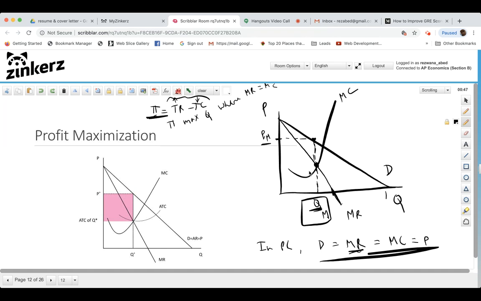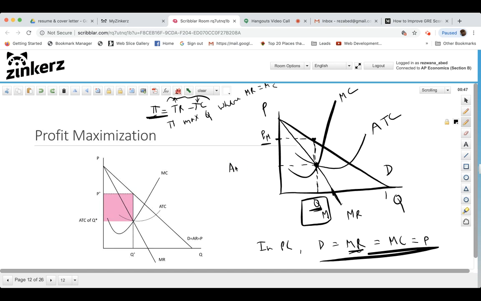And then we can also bring in the average total cost curve to show the profit. Okay, so the average total cost, let's just say it's somewhere up here. Then I know that at the quantity of QM, this is my average total cost of producing QM.